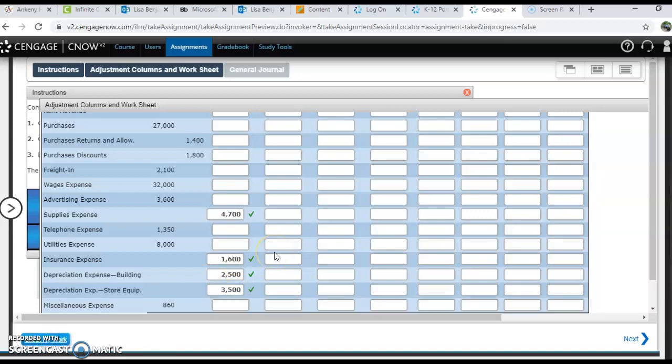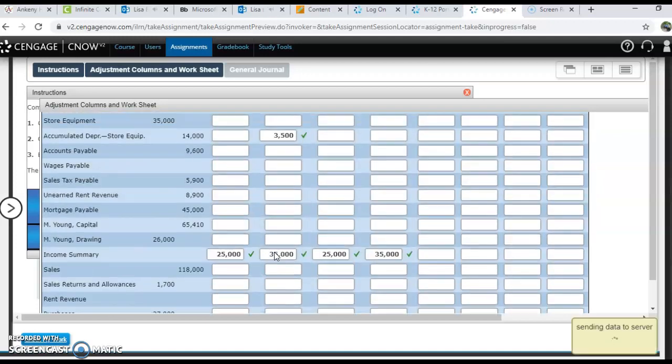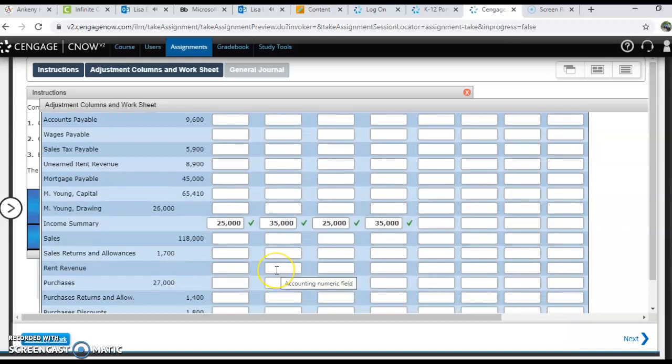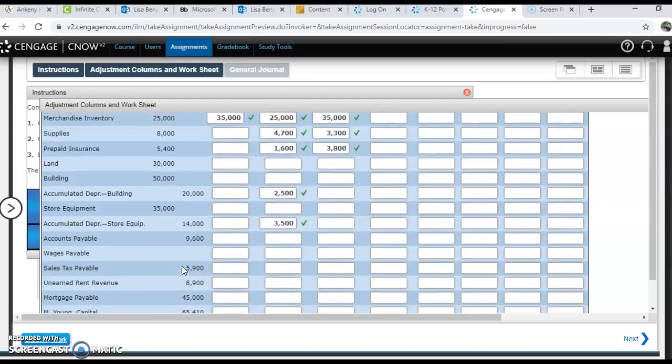The next one is unearned rent. Now this one is a new one. We haven't dealt with unearned rent. It's very normal for businesses to collect rent in advance. So for unearned rent, it says the ending balance is $4,500.